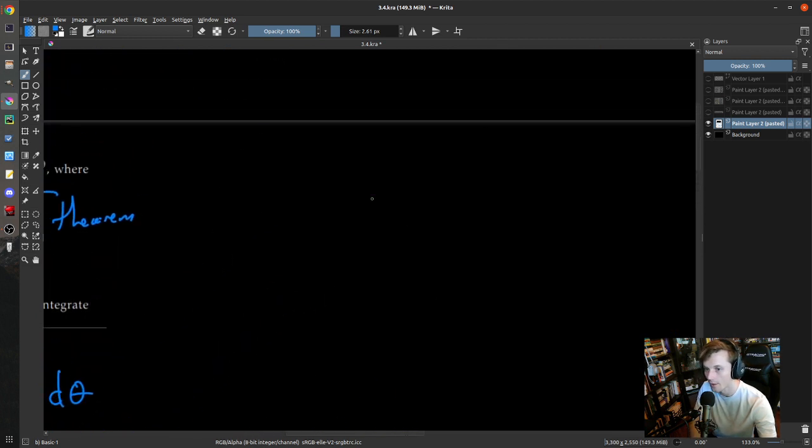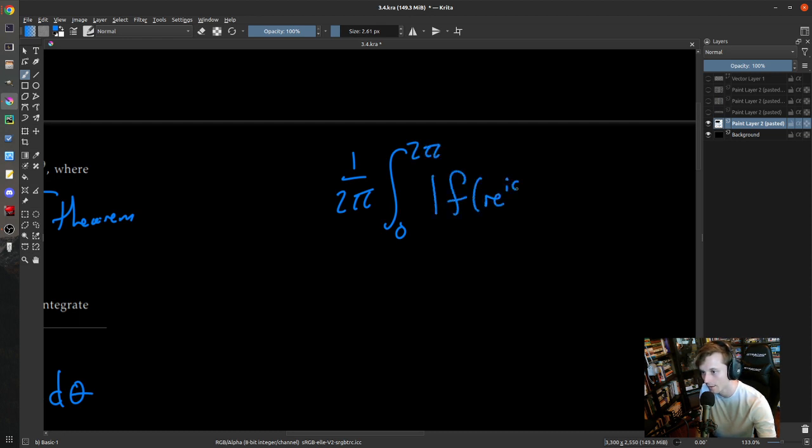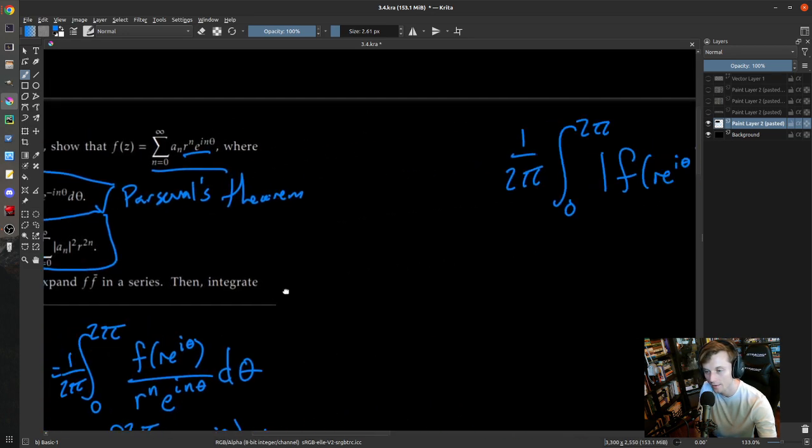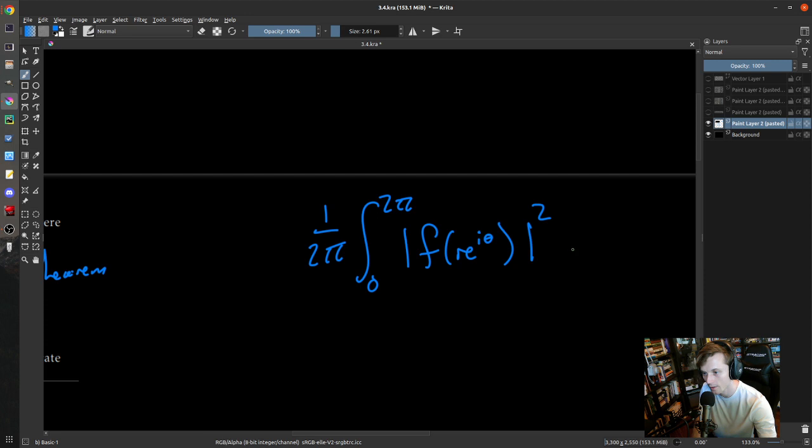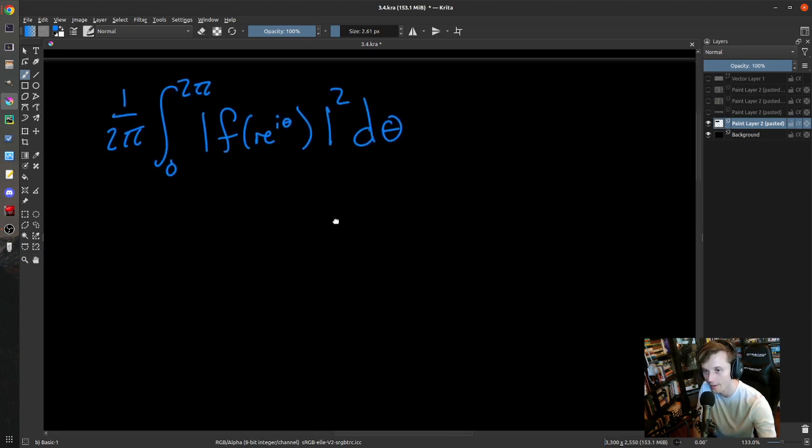Okay, so let's start out with 1 over 2 pi integral from 0 to 2 pi modulus f of r e to the i theta squared d theta. Let's start out right here.